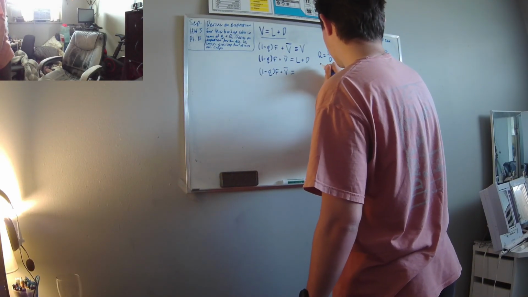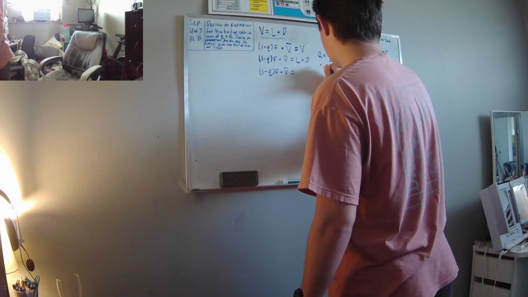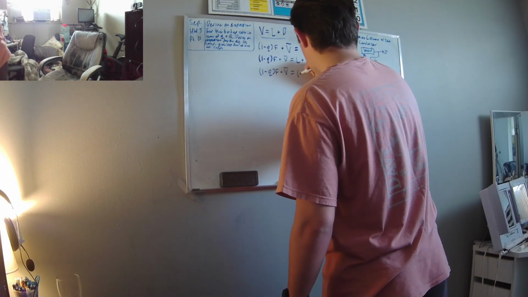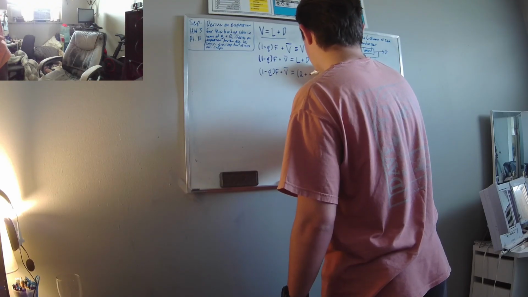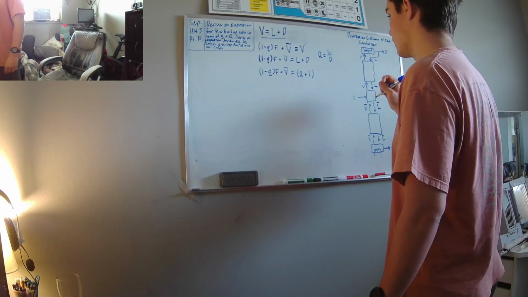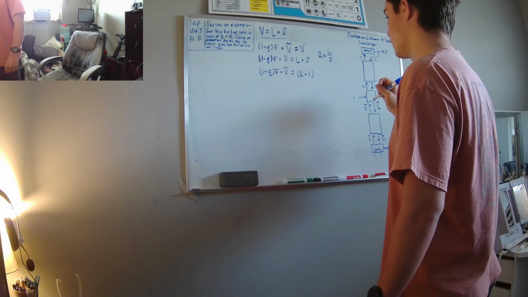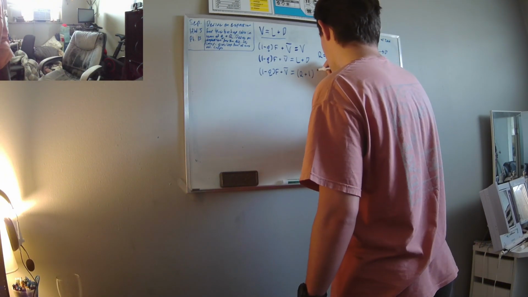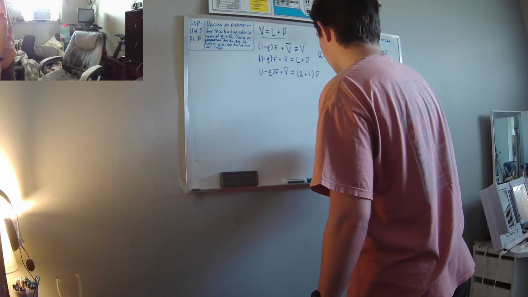So we got 1 over D. Equal R plus 1 times D. That's correct.